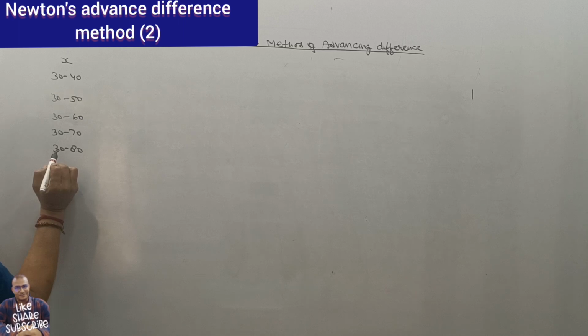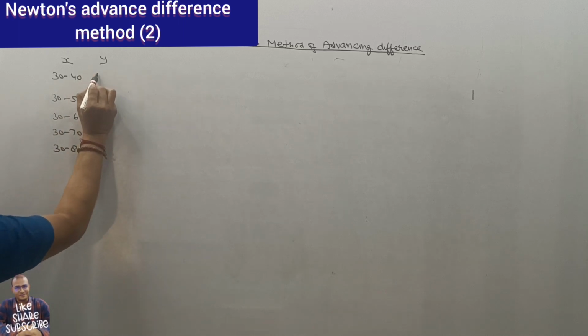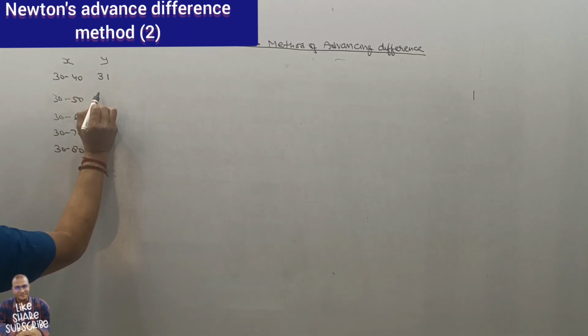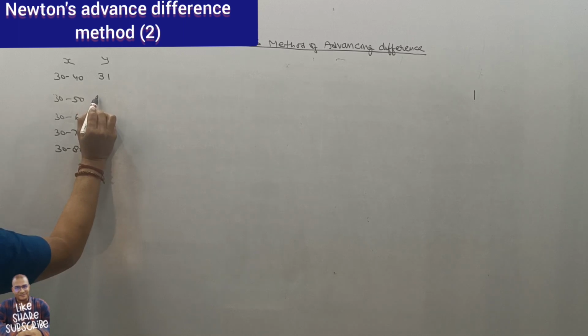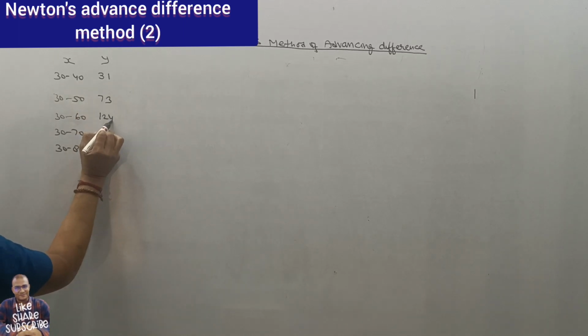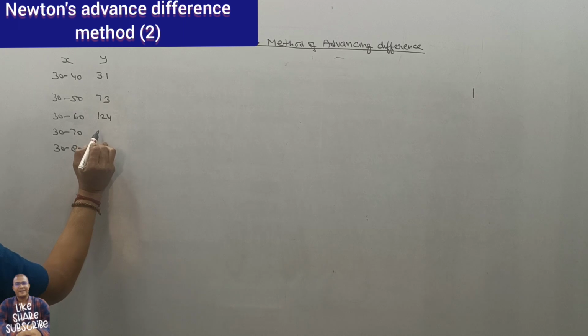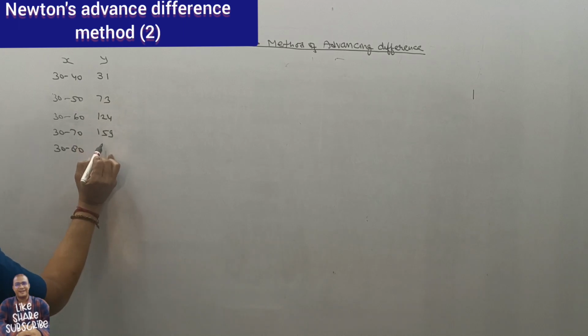These values are given. Y is given as 31, 73, 124, 159 and 190.